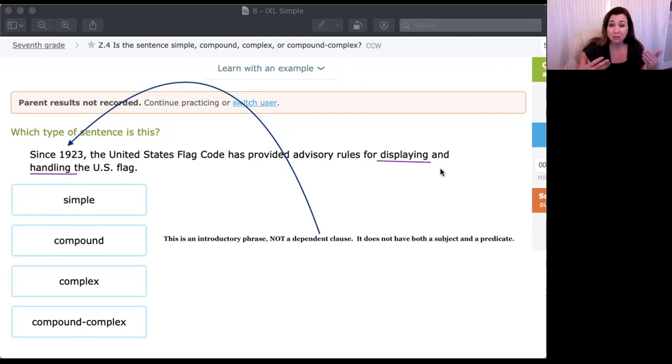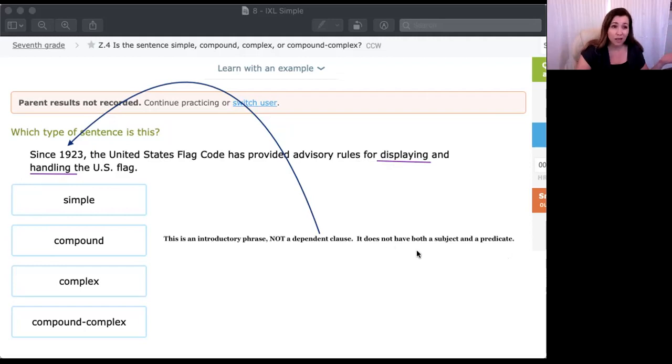So "and" has multiple jobs. In this case, "and" is doing the job of simply listing, displaying and handling. It's just saying there are two things that the United States Flag Code has provided rules for.